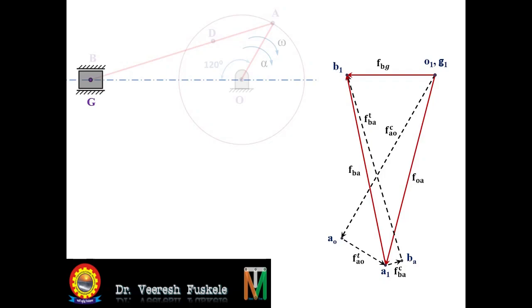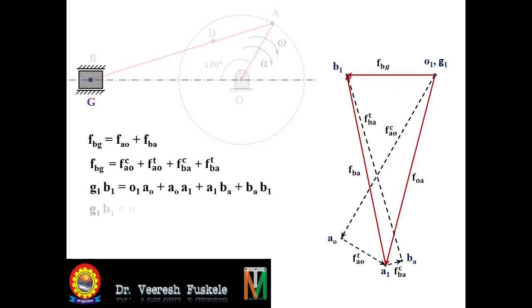The sense of these three accelerations FOA, FBA and FBG will be according to the vector equation discussed earlier. So we'll have O1A1 plus A1B1 equal to G1B1. So this will be the acceleration diagram.